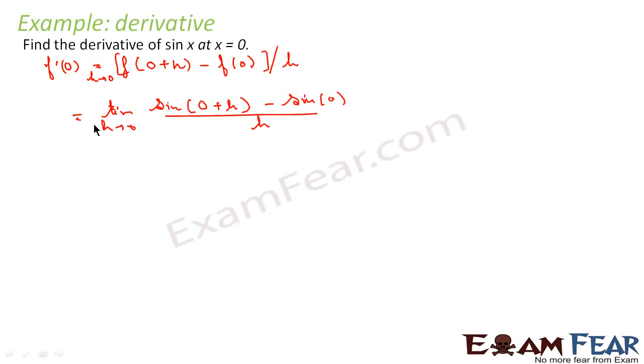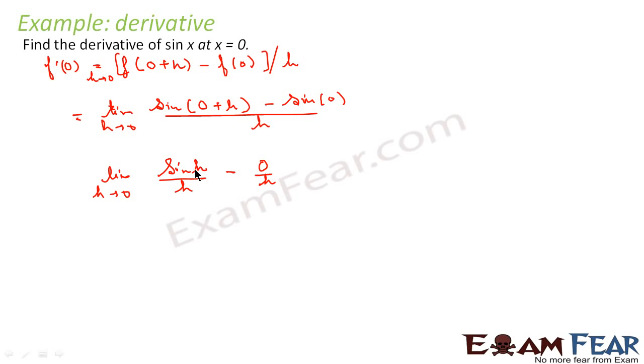This is the value. Now sine of 0 plus h is equal to sine of h. So I'll write this as sine of h by h minus sine 0, which is 0, minus 0 by h, limit h equals to 0.